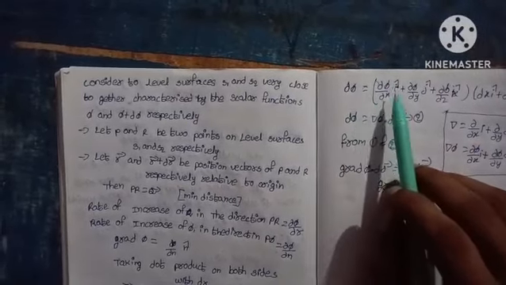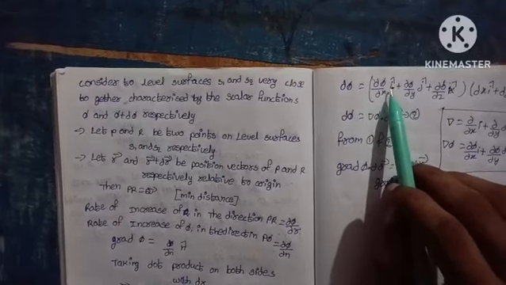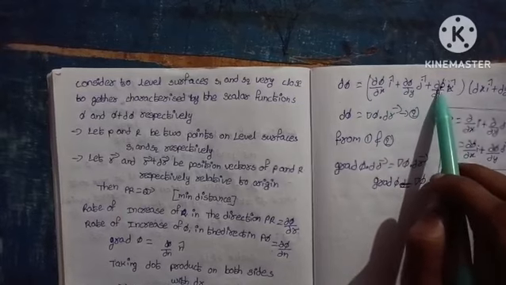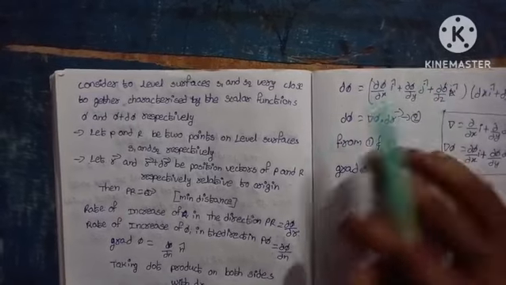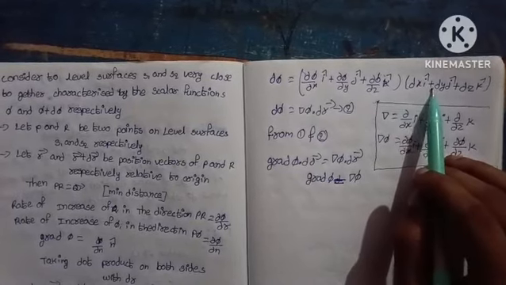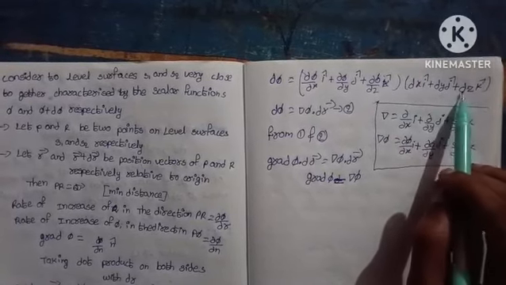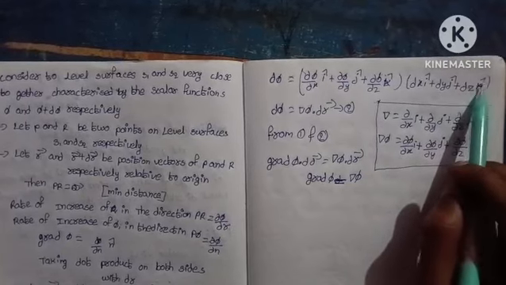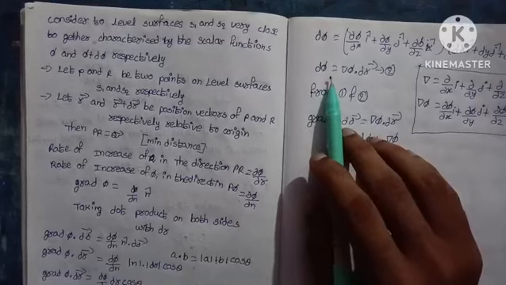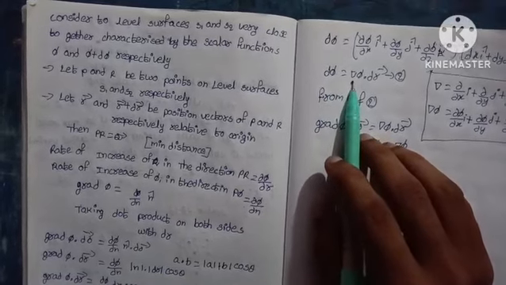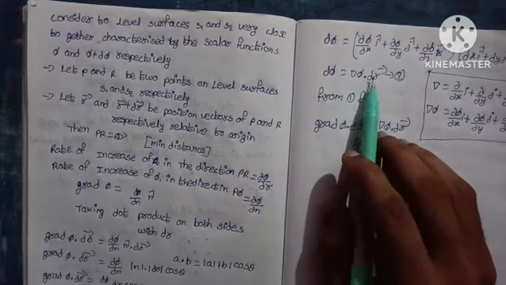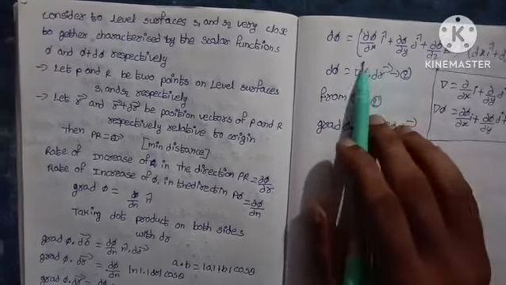Dou phi equals dou phi by dou x i cap plus dou phi by dou y j cap plus dou phi by dou z k cap, dot dx i cap plus dy j cap plus dz k cap. So d phi equals del phi dot dr bar. Equation 2.